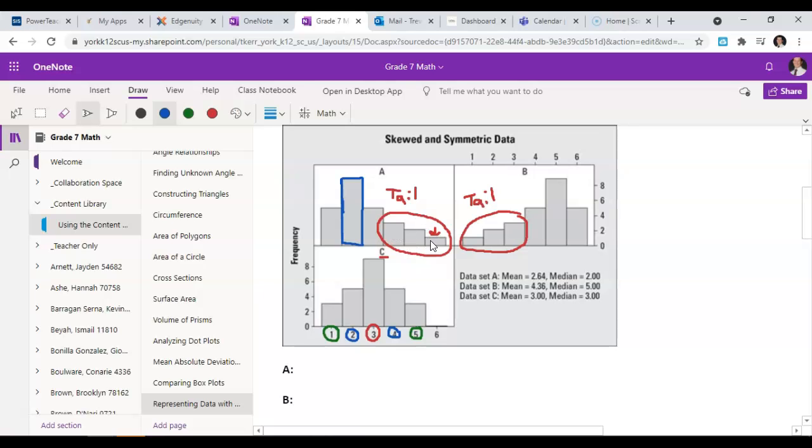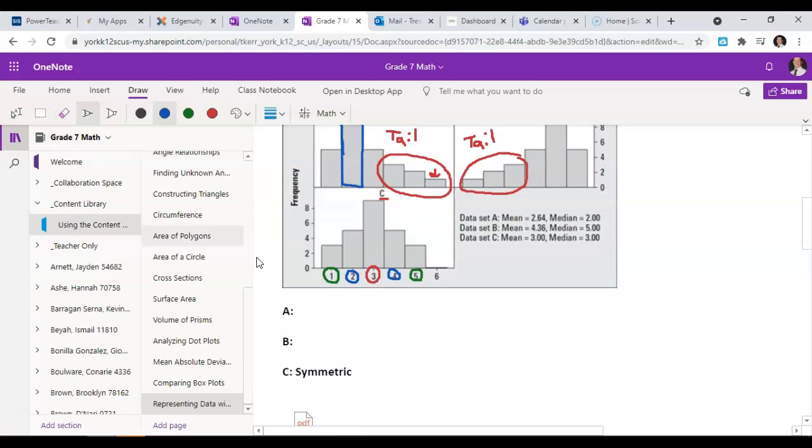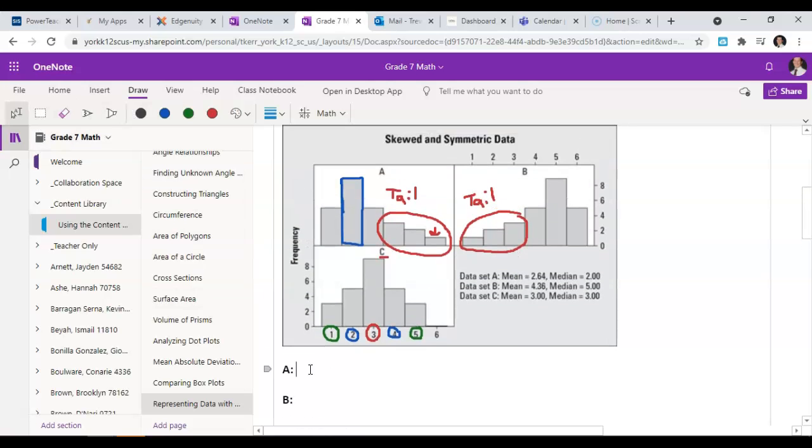There's more stuff popping up on the right than what should be in a symmetric graph. And so for A, we would call this skewed right, because the tail is on the right side of the highest frequency. There's more stuff over here than there should be.